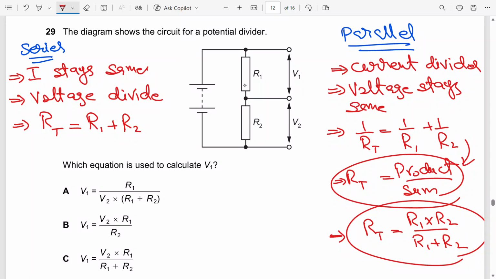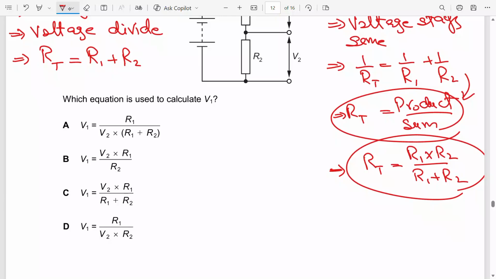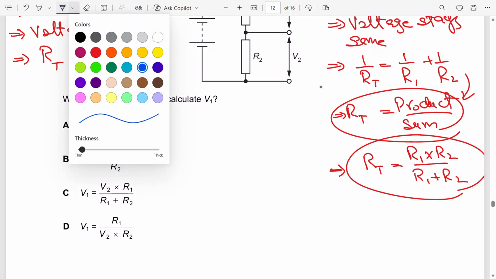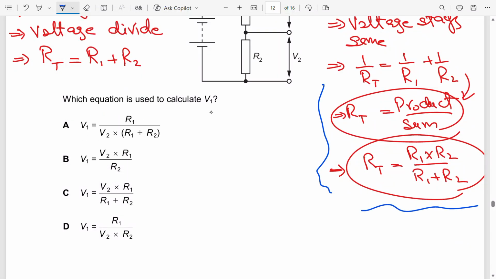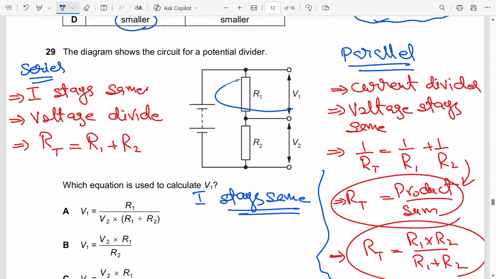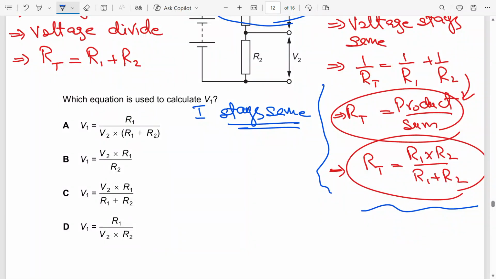So mera beta, first of all, I'll keep one phenomenon in mind, as sir has told us: current stays same, current stays same. So for the first resistor, what will be the value of current right here?